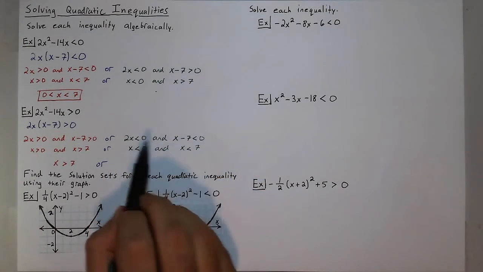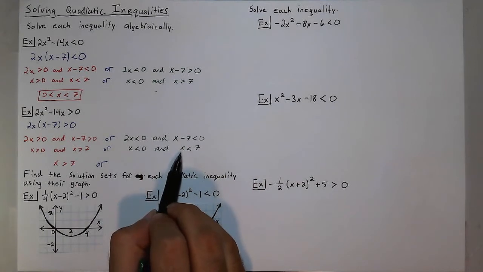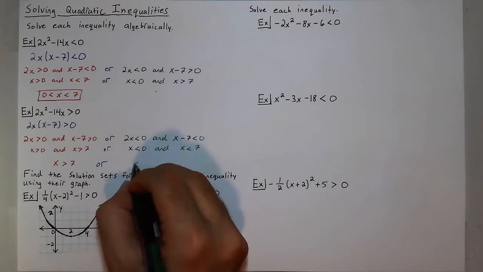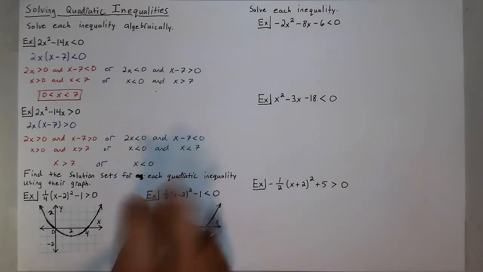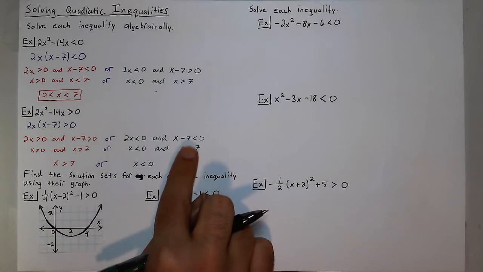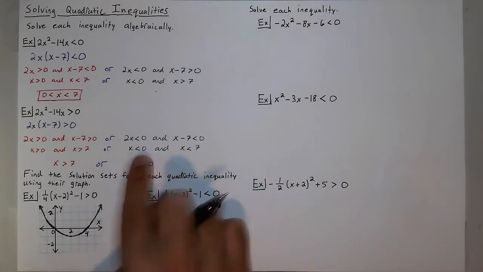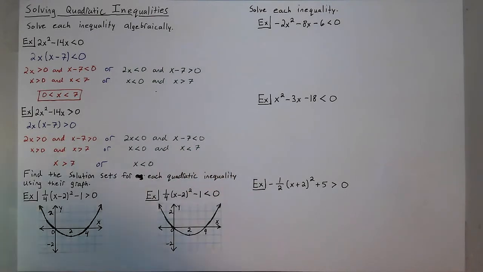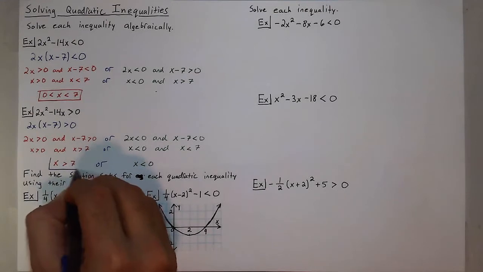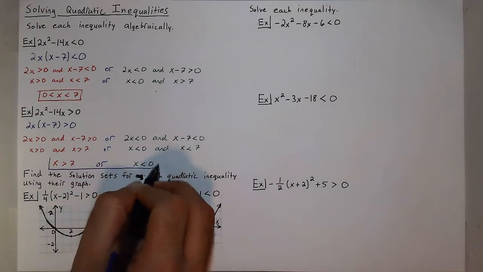If you use 5, it would be less than 7, but it wouldn't be less than 0. So this just amounts to x is less than 0, because anything that's less than 0 would also be less than 7, but not everything that's less than 7 is less than 0. So in total, our answer would be x is greater than 7 or x is less than 0. That's a compound inequality.